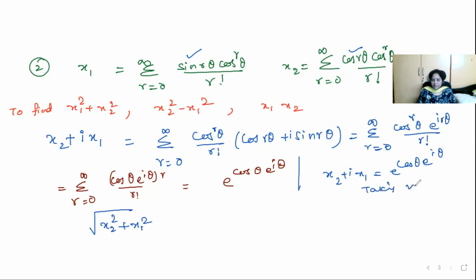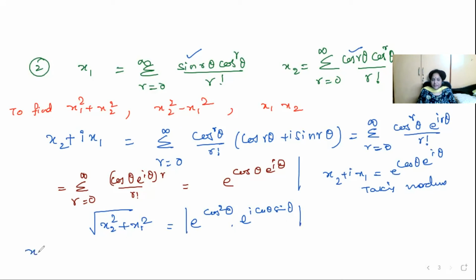Here I'm taking modulus on both sides. The modulus on the right hand side is going to be e to the power of cos square theta into e to the power of i cos theta sin theta, and the modulus of the second expansion is going to be 1.